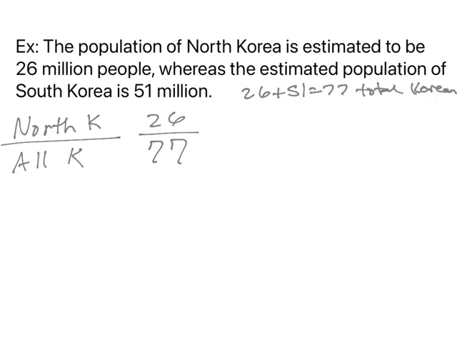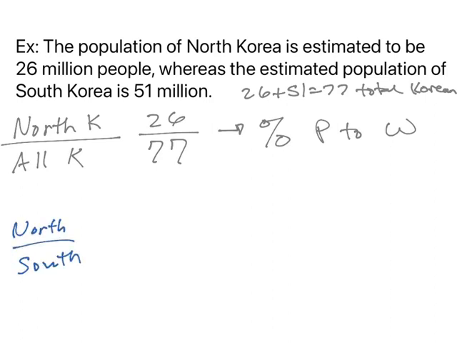If we did this, we could change that to a decimal and write it as a percent, because this is part to whole. Whereas if we would say North to South, now we are talking 26 to 51, and that is part to part. So we would have to use more of, for every 26 North Koreans, there are 51 South Koreans, that kind of thing.